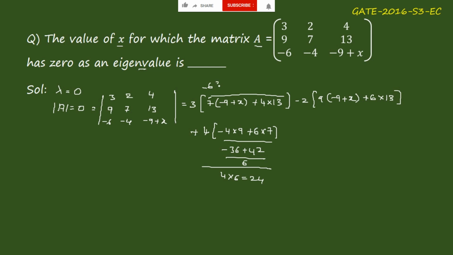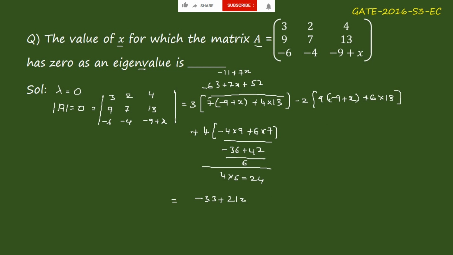Now coming to the first term, if you substitute these values, it is minus 9 into 7, which is 63, plus 7x, plus 4 into 13, which is 52. Minus 63 plus 52 becomes minus 11 plus 7x, and we are multiplying with 3, so this becomes minus 33 plus 21x.